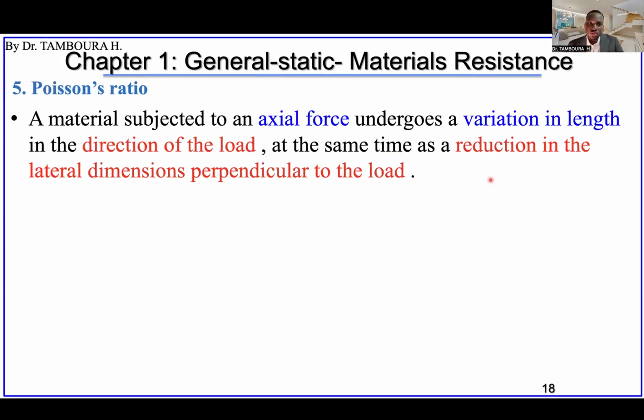So this Poisson's ratio, when you take a material, any material subjected to axial force will undergo a variation in length. Okay, if you take a duster, for example, and you pull it or you compress it, it will change in the direction of the force, of the load, but it will also change in the direction perpendicular to the load.